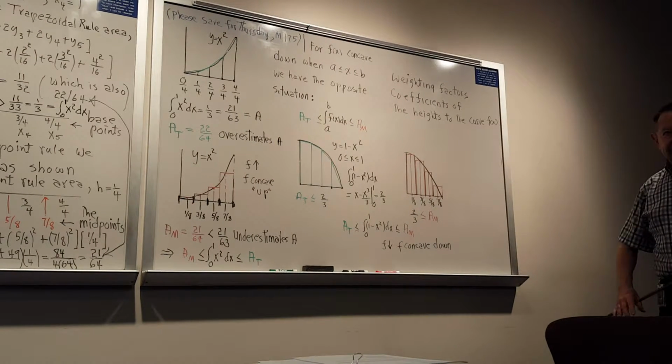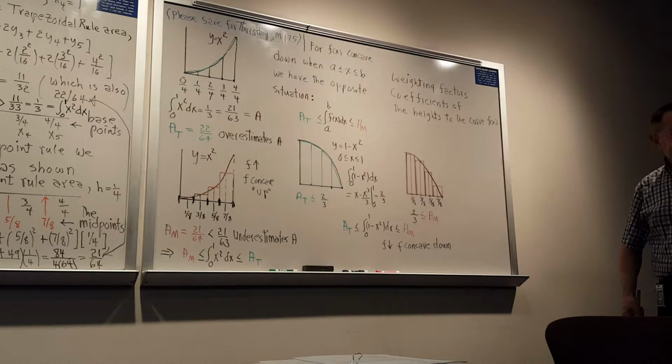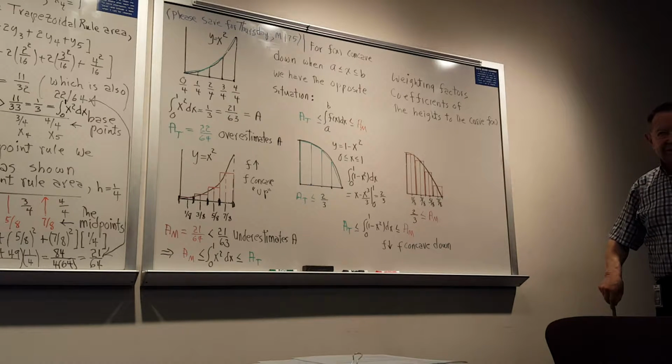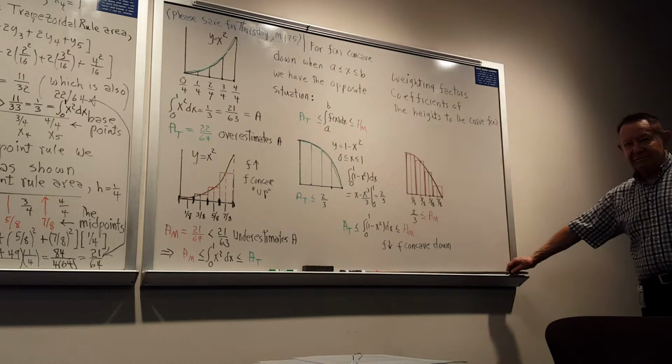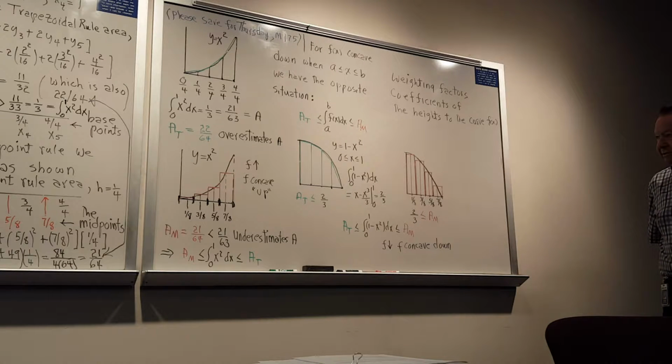And in a typical situation, your curve will be concave up some of the interval and down some of the interval and so on. And so things would be difficult to predict without just simply working out all the numbers.